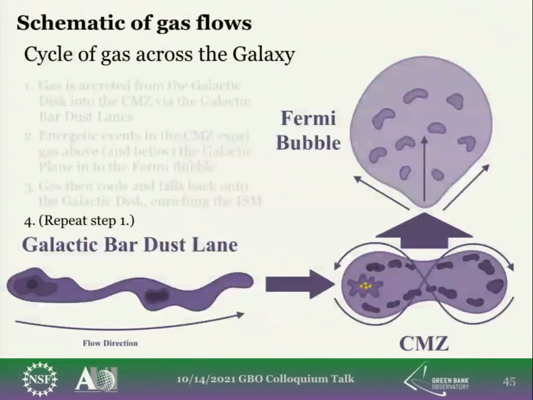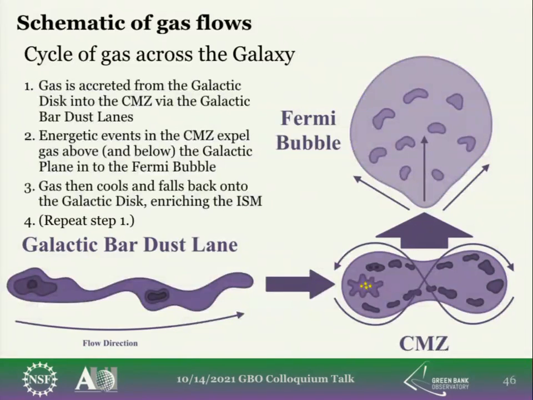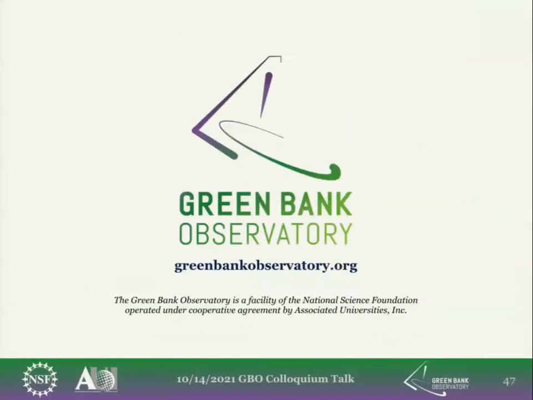All right, so back to step 4, and then you repeat your cycle again. So you have this transfer of gas from the galactic bar dust lanes into the CMZ and then into the Fermi bubble. And this is how you can have a cycle of gas across the inner regions of the Milky Way galaxy. And so I will end my talk there and take any questions.